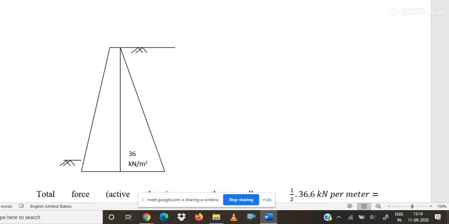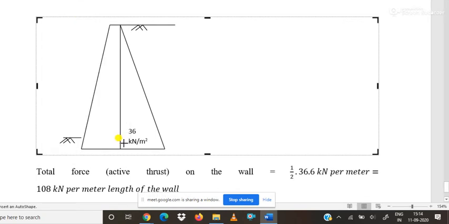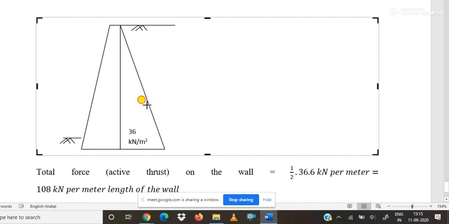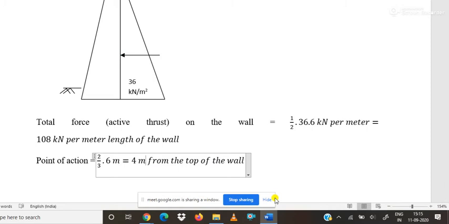This will be acting in this direction. This distance is 4 meter and this distance is 2 meter: from the top of the wall 4 meter below, and from the bottom of the wall 2 meter above, the total active thrust is acting 4 meter below from the top of the wall.